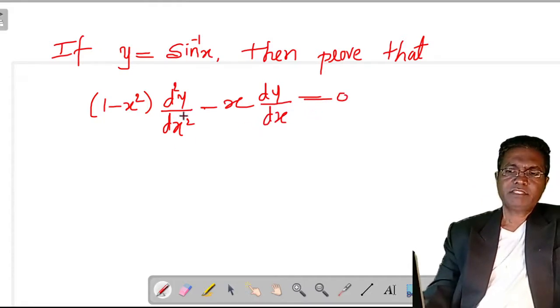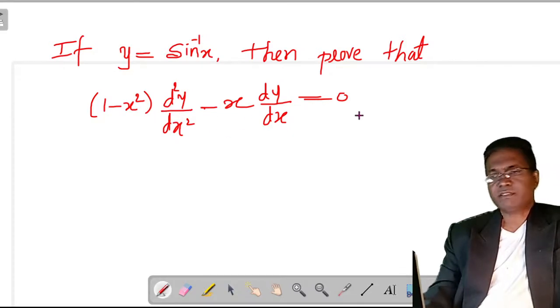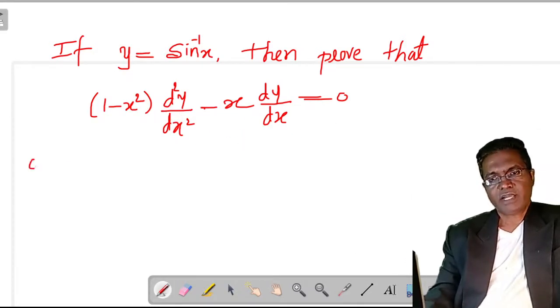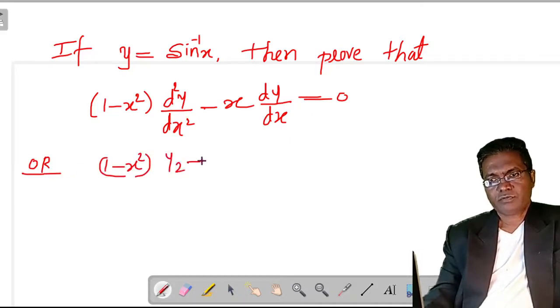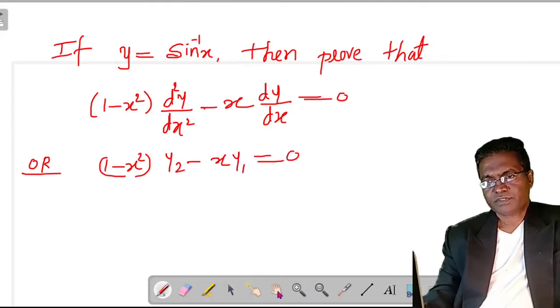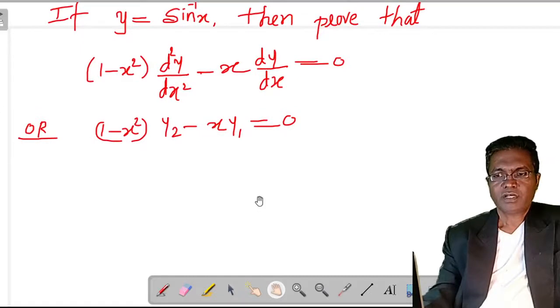Okay, you may be asked in terms of y2 also. 1 minus x square y2 minus xy1 equal to 0. You can be asked in this form also. Prove that 1 minus x square y2 minus xy1 equals to 0.